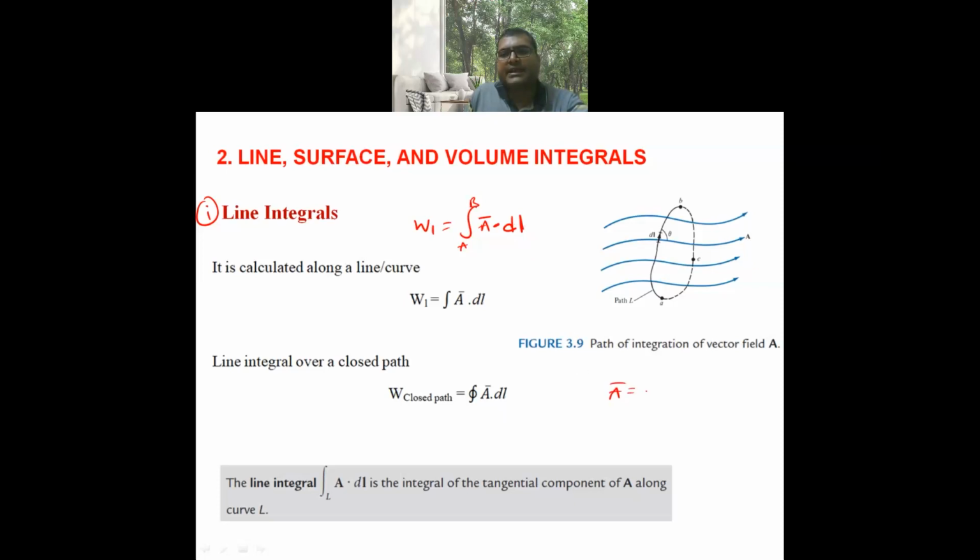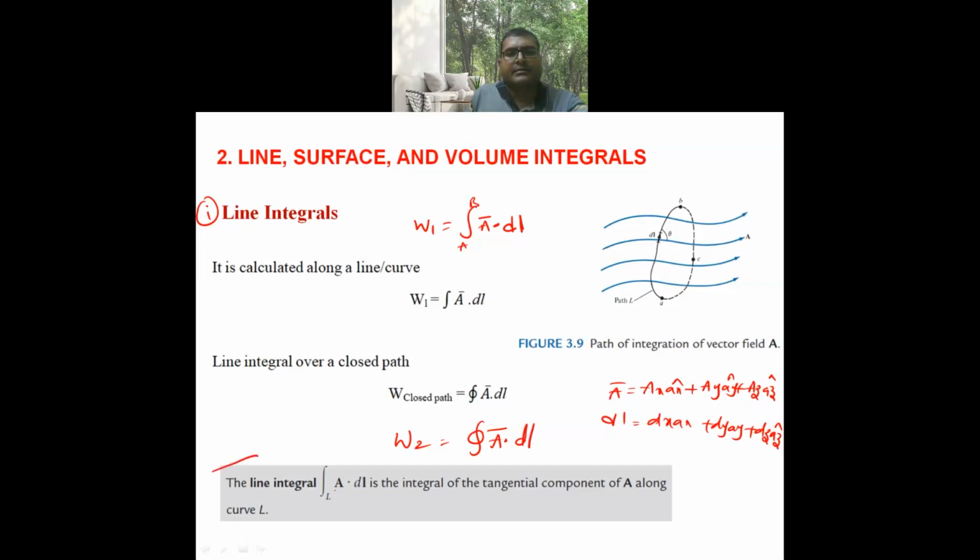Here vector a bar is given as ax hat plus ay hat plus az hat, and dl is dx ax plus dy ay plus dz az. Now you can calculate the line integral over a closed path, that is the closed line integral of vector a bar dot dl.